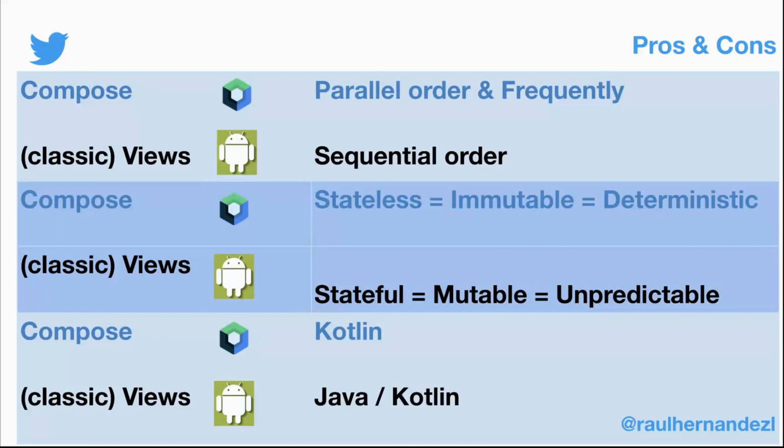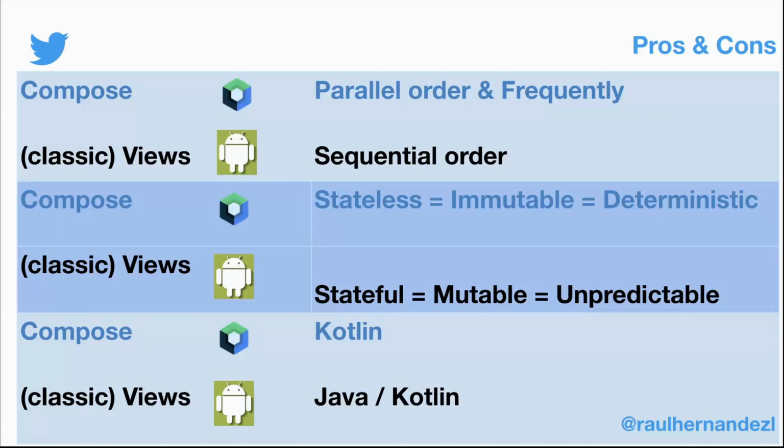Classic views rely on sequential order, so you could actually make sure that something happens after something else happened. But this is something you cannot do with Compose. You either have something completed by a state, or you have a new state that's going to be changed after something happens. So you should rely on states basically.